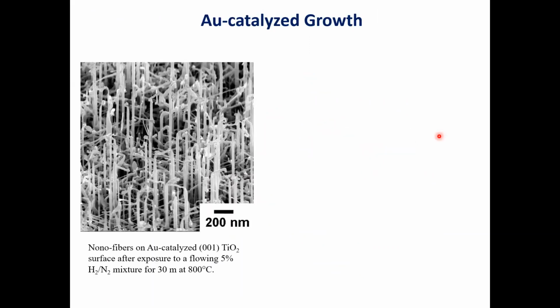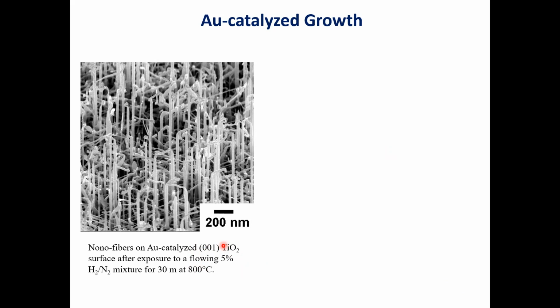Then in TiO2, we can do gold-catalyzed growth, like a VLS-type mechanism. So what we do is we take a single crystal 001 TiO2. First, we put a sputtered layer of gold, a very thin film of gold.